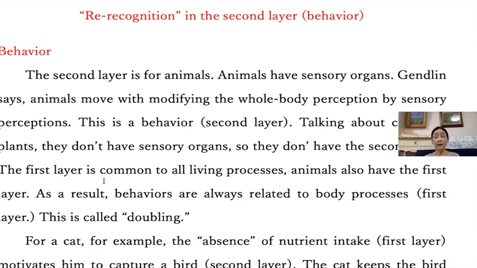The first layer is common to all living processes. Animals also have the first layer. As a result, behaviors are always related to body processes, the first layer. This is called doubling.